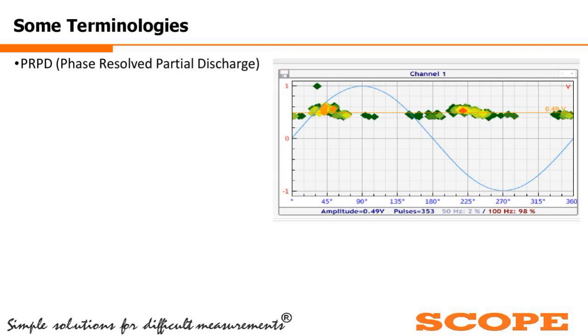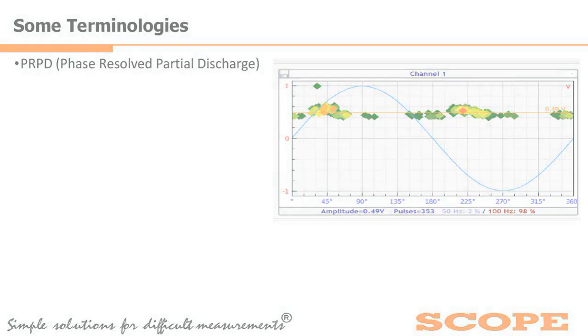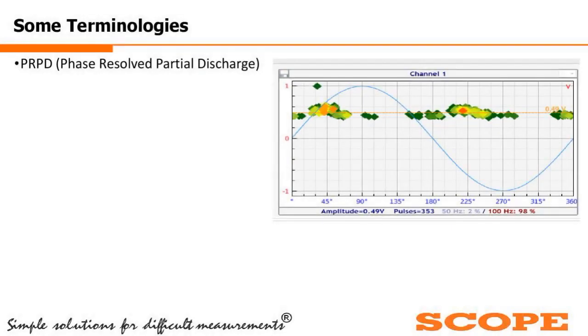That means when we are talking about this graph, the 50 hertz signal shown in blue, whatever is happening in the first 0 to 90 degree zone, in this zone we can get the PD. Whatever is happening here can be a PD.